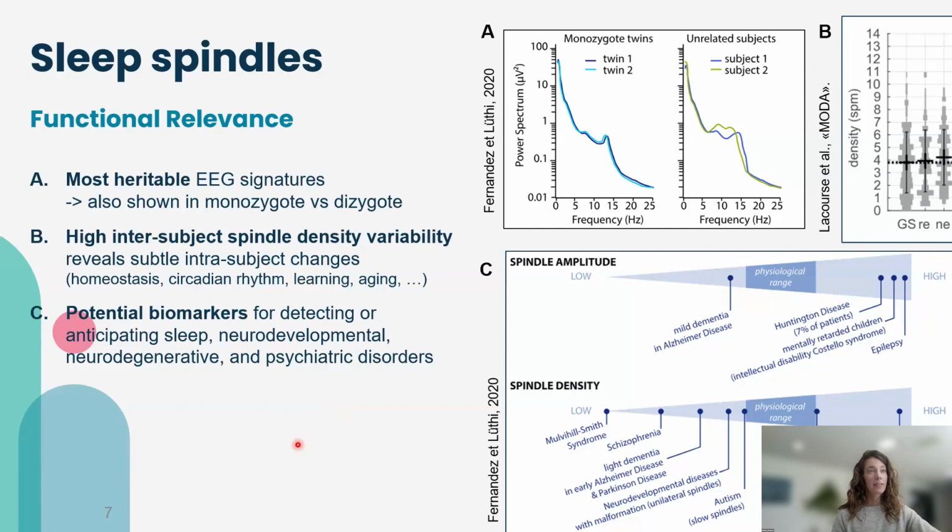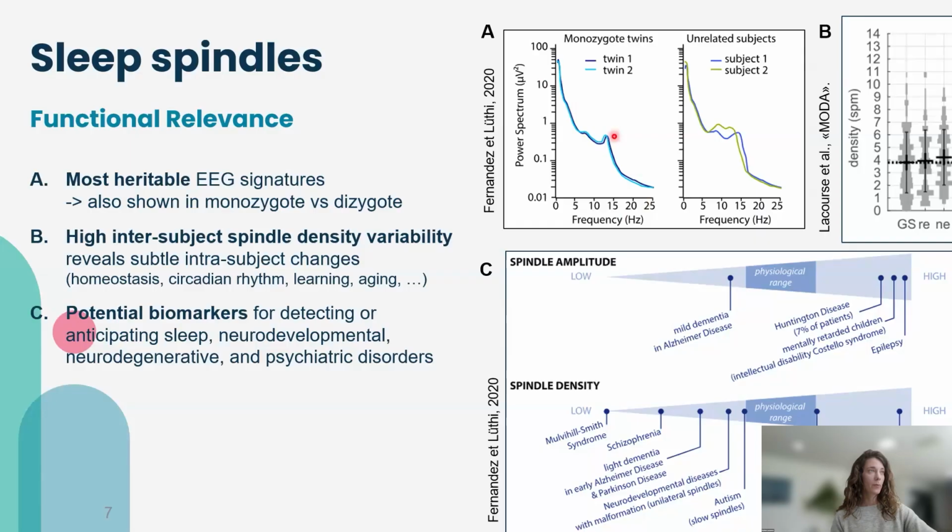Okay, so here are other examples to incite you to detect spindles. Sleep spindles are among the most heritable EEG signatures. In figure A here, we can see the spectral power, so the energy versus the frequency, of two monozygotic twins, which are highly similar.